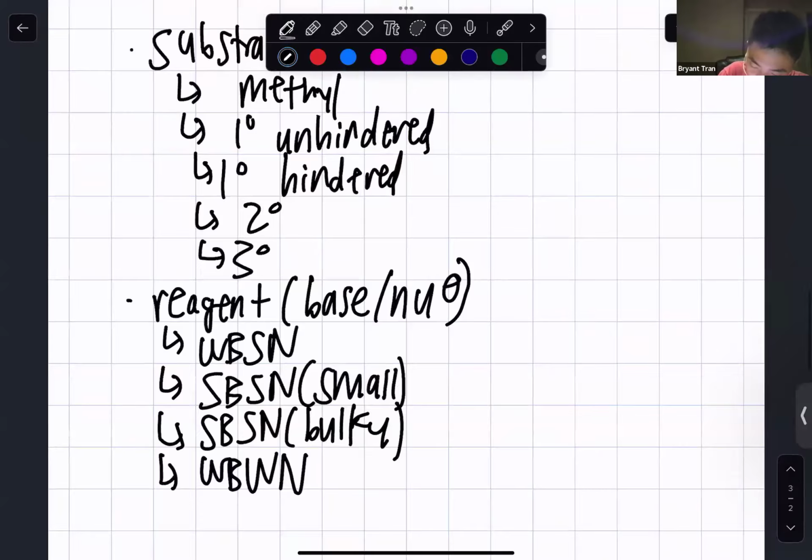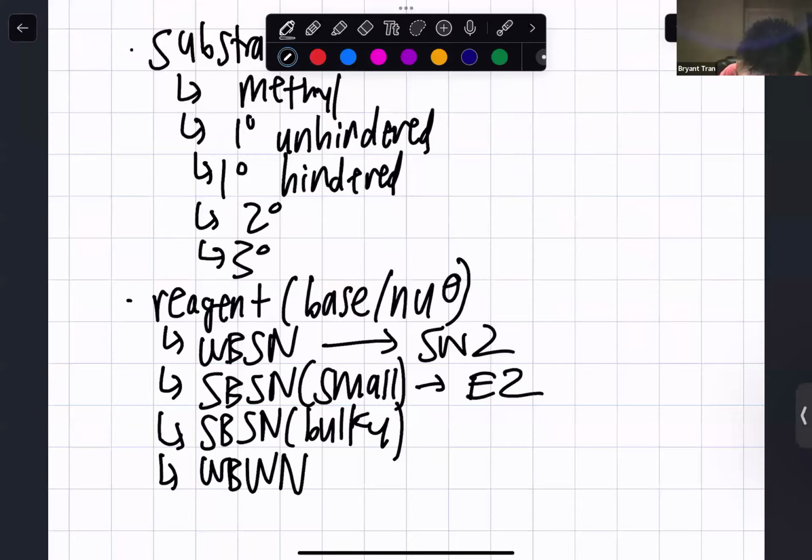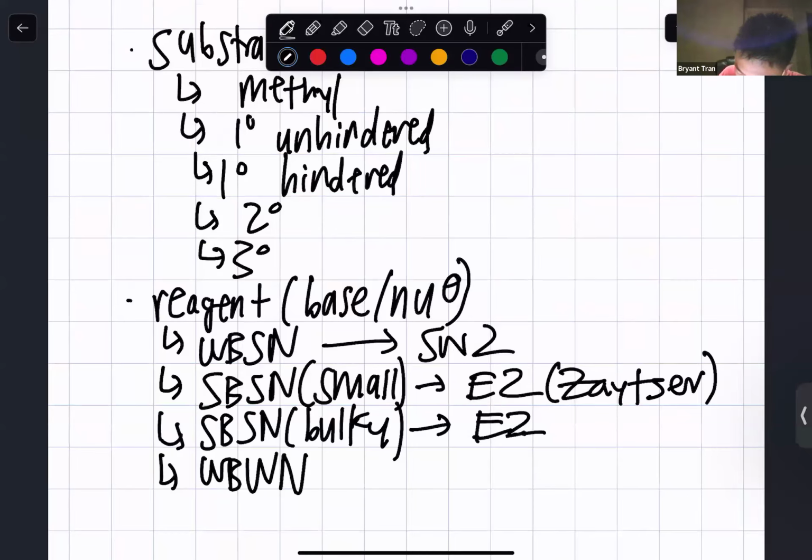And I'm really gonna tell you here, and we're gonna do examples of it. The weak base, strong nucleophiles will tend to do SN2 reactions. Strong base, strong nucleophiles, the small ones, are gonna do E2 reactions. The small one is gonna do Zaitsev E2, whereas the bulky, strong base, strong nucleophile is gonna do Hofmann E2.